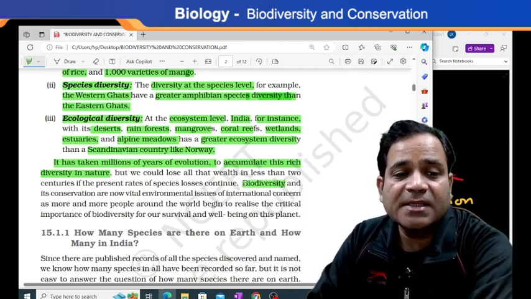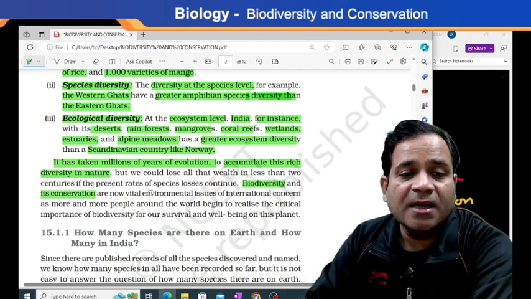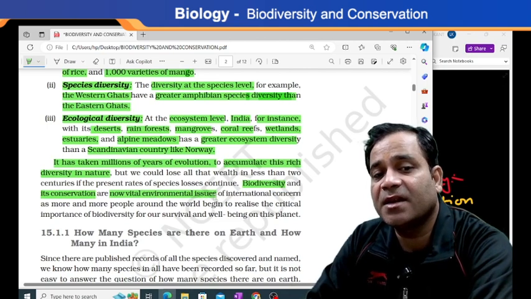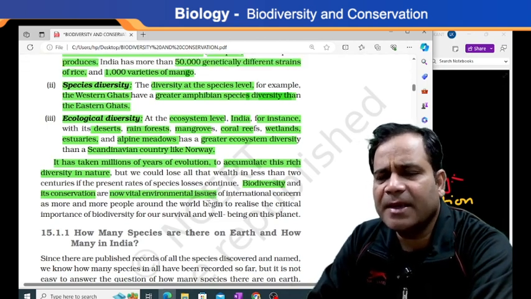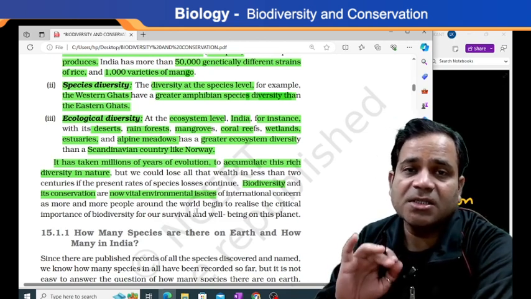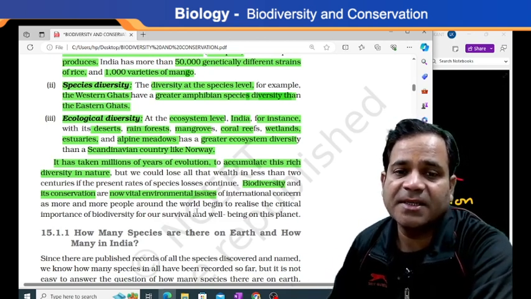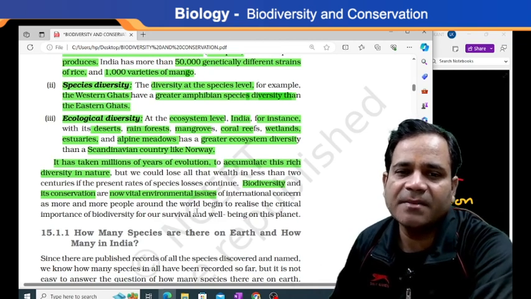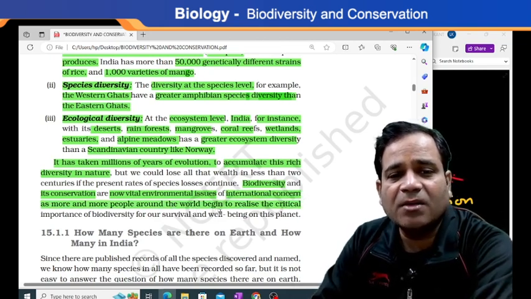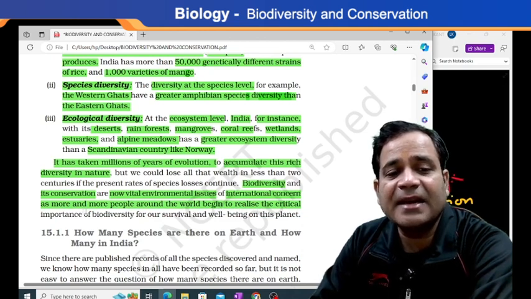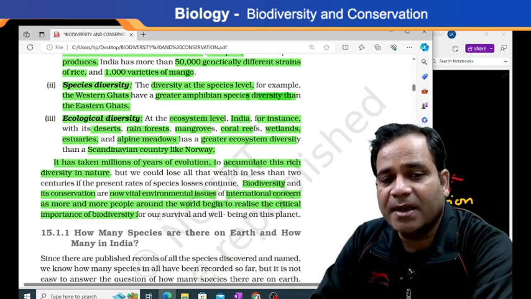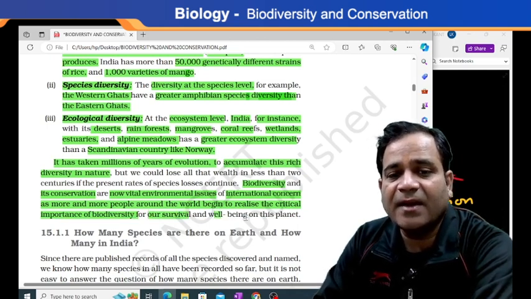Here biodiversity and its conservation is now a vital environmental issue, my dear. Day by day we are losing or harming biodiversity. It is of international concern as more people around the world begin to realize the critical importance of biodiversity for our survival and well-being on this planet.